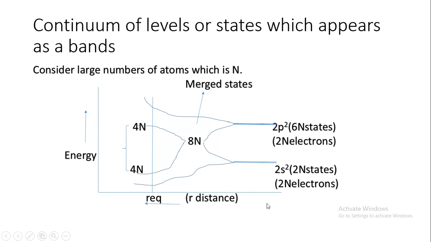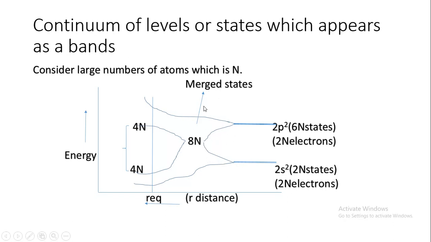So if you are bringing n number of atoms very close to each other, as the distance becomes smaller and smaller between the n number of states and n number of electrons, you can see they are merging here, they are recombining.